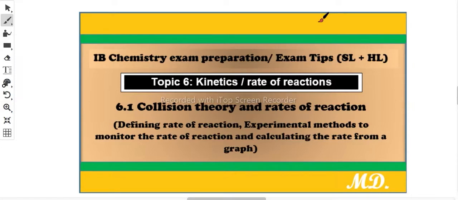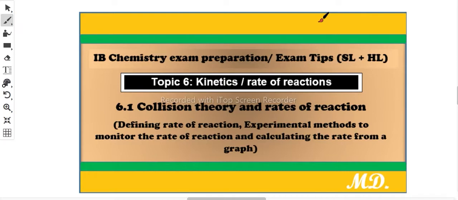Today, through our lesson, I'm going to focus on topic 6, kinetics, rate of reactions for standard level. I'm going to discuss section 6.1, which is about collision theory and rates of reaction. Through my lesson, I'm going through defining the rate of reaction.